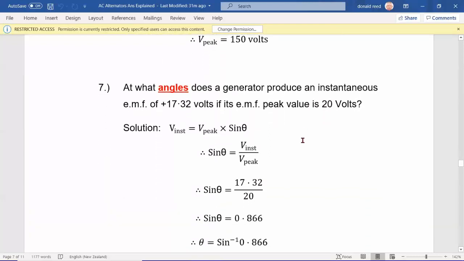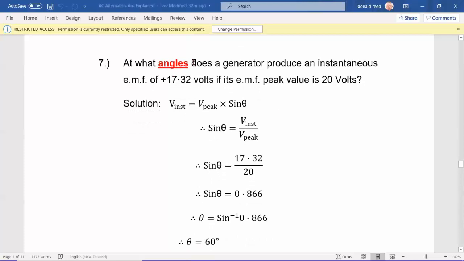Next one, question 7. At what angles? So now note it's not angle, it's angles. Does a generator produce an instantaneous EMF? Go back to this angles.